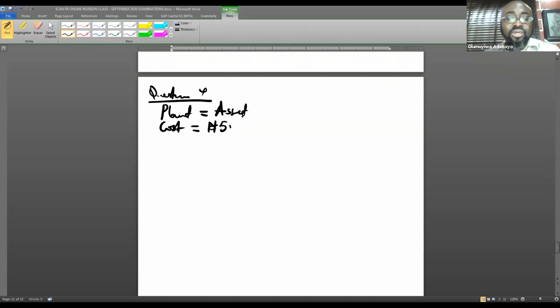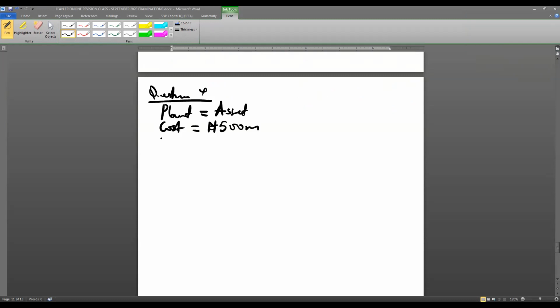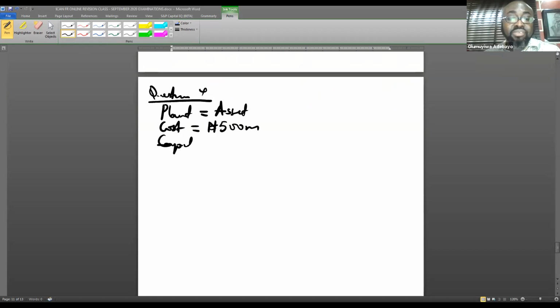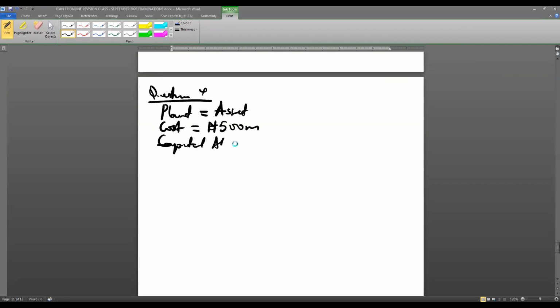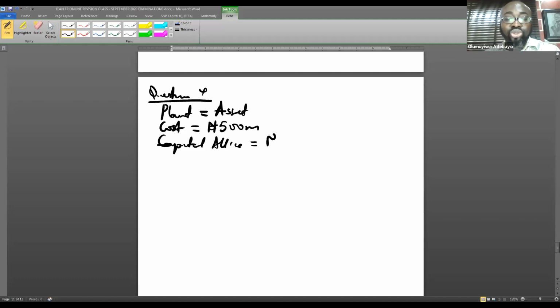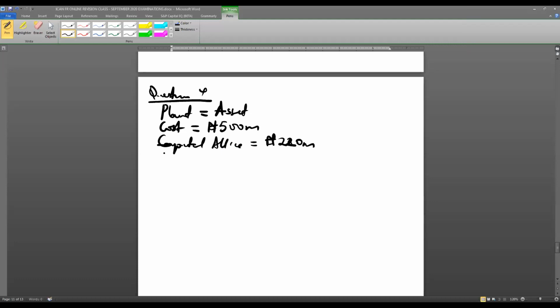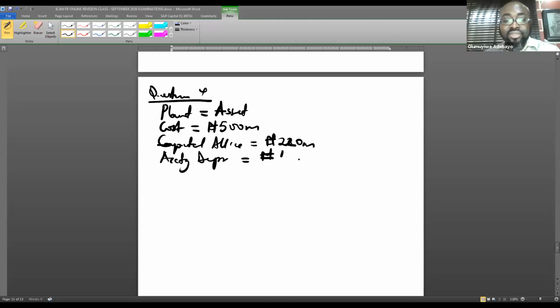Is that correct? Capital allowance, in form of tax depreciation that was charged, was 220. Accounting depreciation was 100.